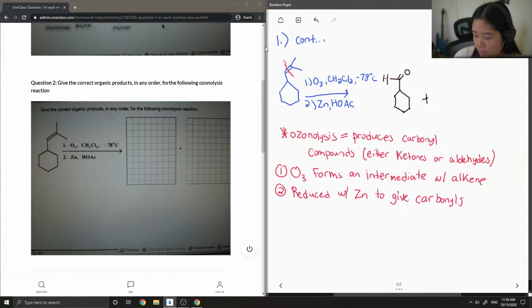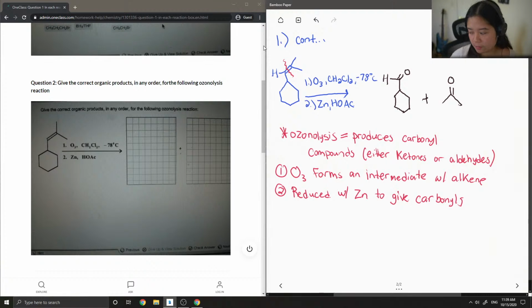And then the second product will just be this ketone. Okay, so you can see, I'll draw an H here. Wherever I drew the line to break the double bond is where the new aldehyde or ketone would form.